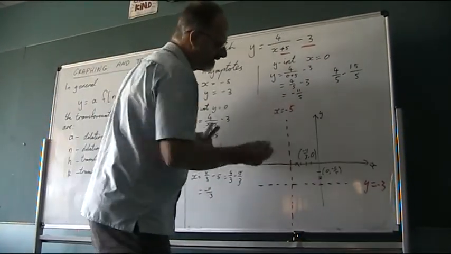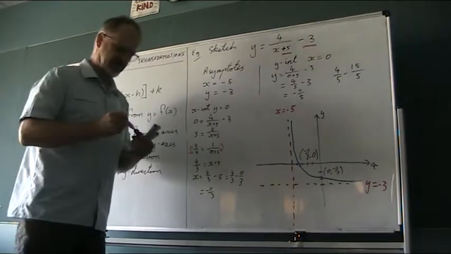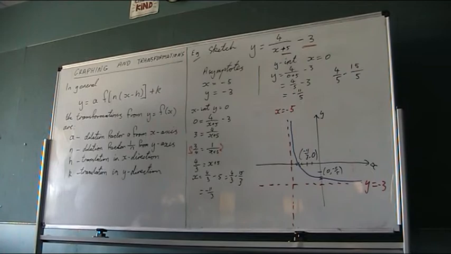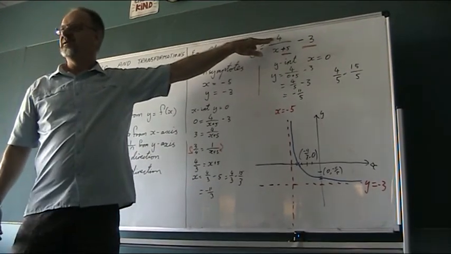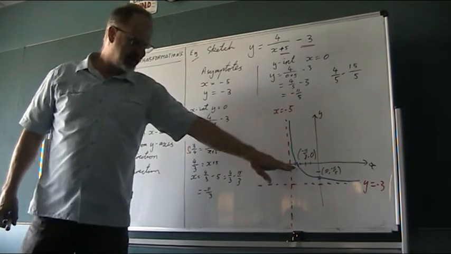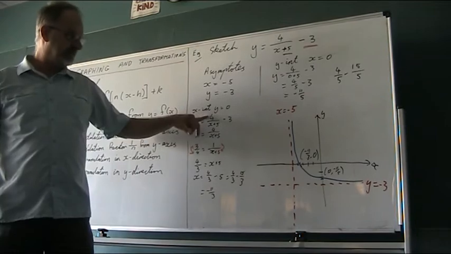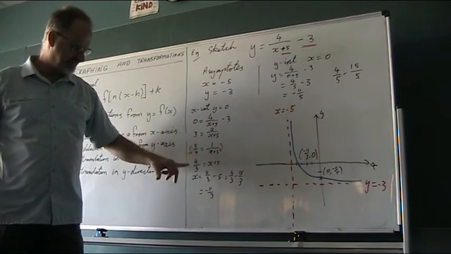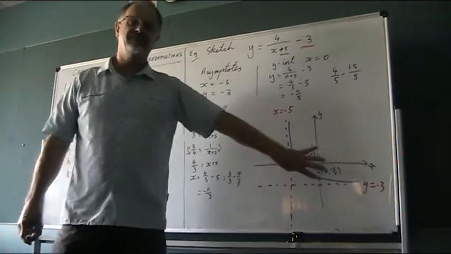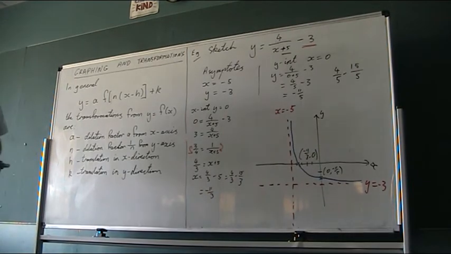And so we've then got something that looks like that. In this case, this dilation of 4 has been taken care of by us finding those intercepts, because it's there in our calculation of the X-intercepts.